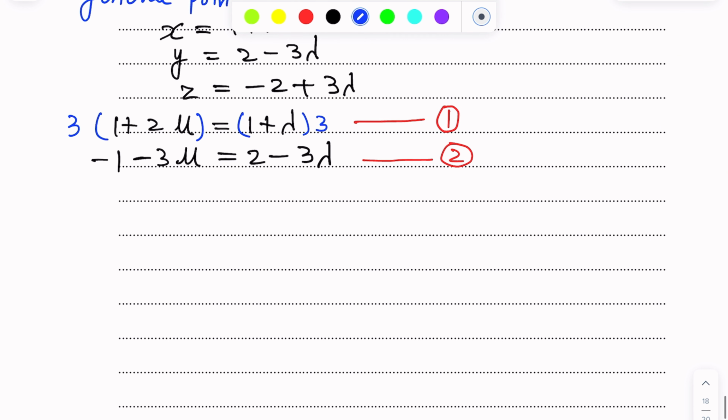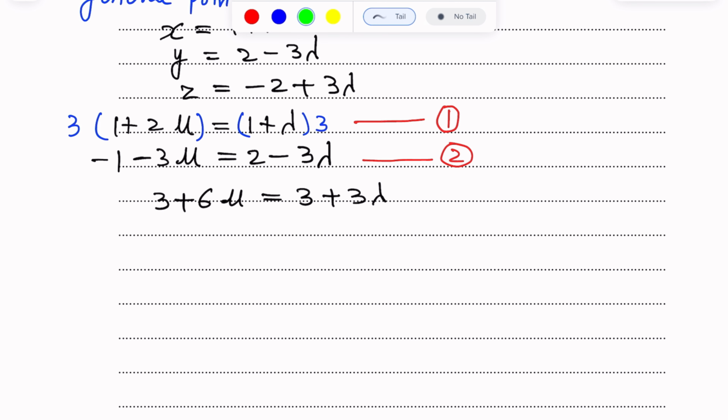Equation 1 becomes 3 plus 6 mu is equal to 3 plus 3 lambda. Now we are adding equation number 2.